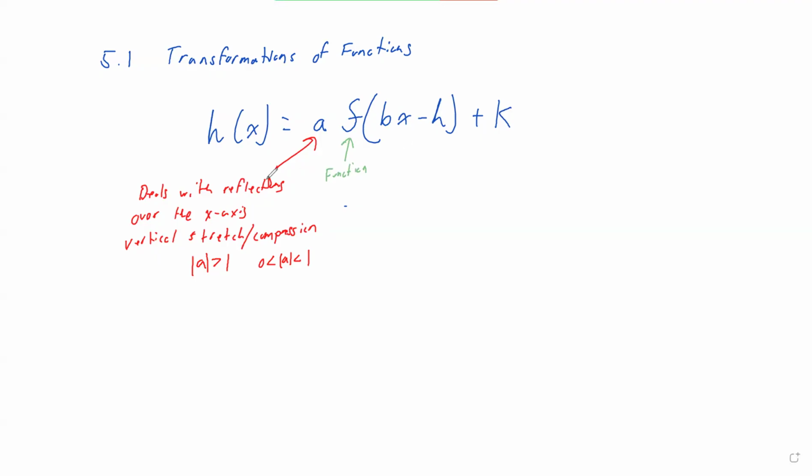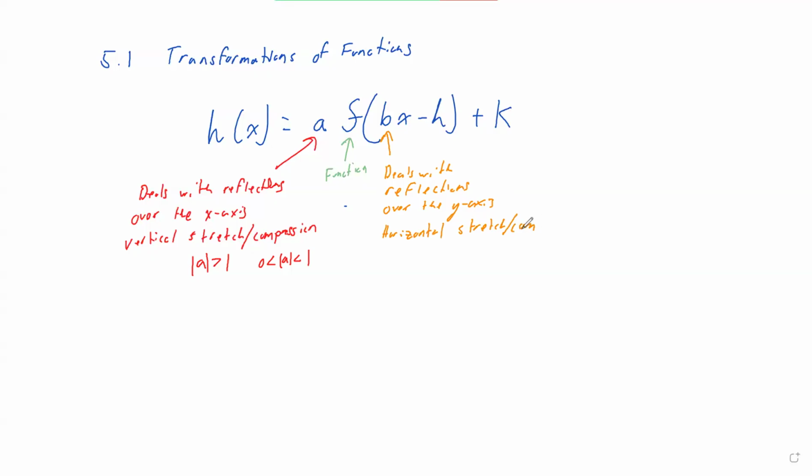Then you have your B, which basically deals with reflection over the y-axis and deals with horizontal stretching and shrinking, or compression, sorry.